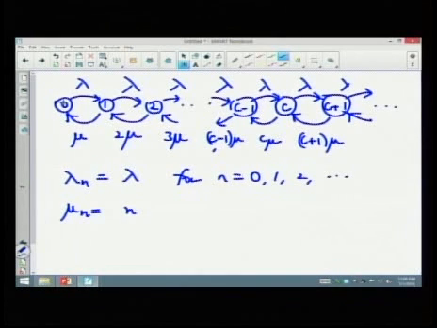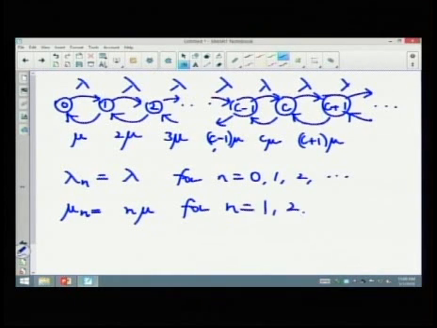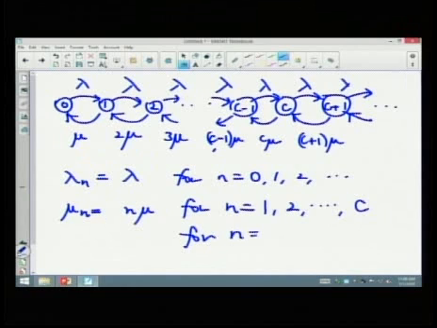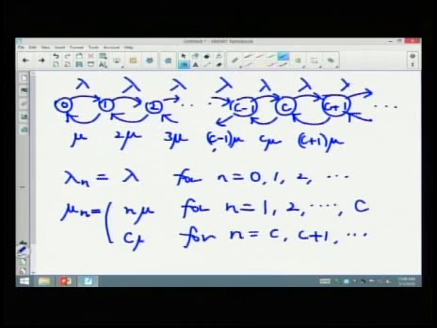It's going to be n times mu for n equal to 1, 2, 3, and so on, until n equals c. And for n greater than or equal to c, what happened? That's going to be the same as c mu. Is that right?